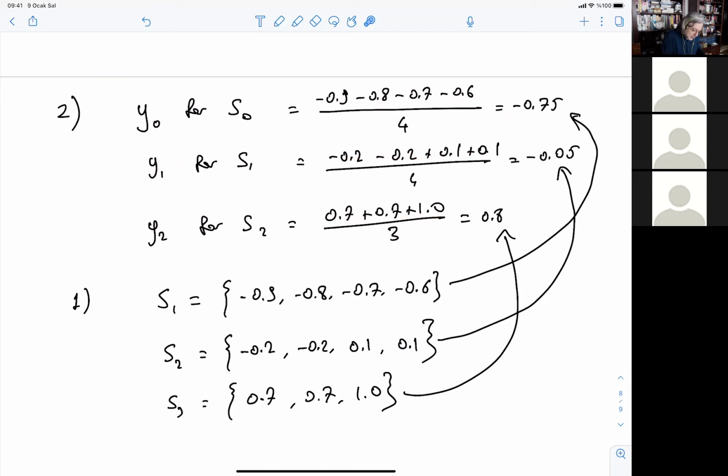They will not be encoded as minus 0.75, minus 0.05, or 0.8. They will be encoded as 0, 1, and 2, and they will be decoded or reconstructed as these. If the index is 0, the decoder will decode it as minus 0.75, or this or this, according to whether the index is 1 or 2.